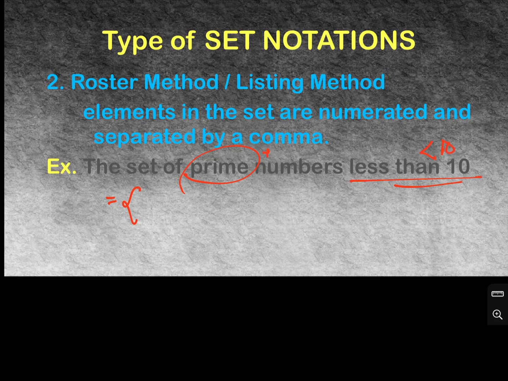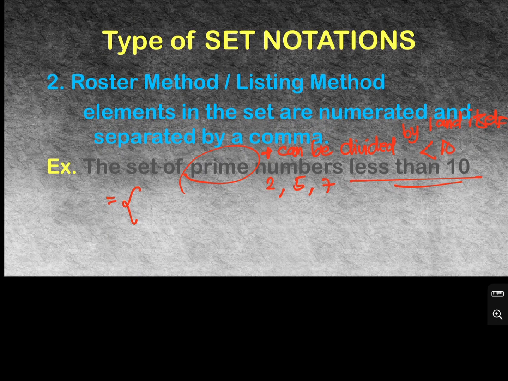When we say prime numbers, those are numbers that can only be divided by 1 and itself. If a number can be divided by other numbers, then it is called a composite number. The prime numbers less than 10 start with 2, because 1 is neither a prime nor a composite number.